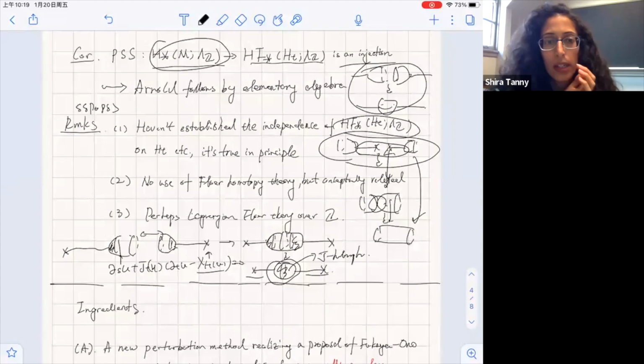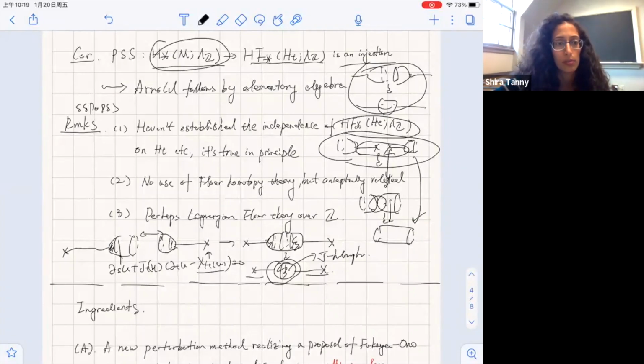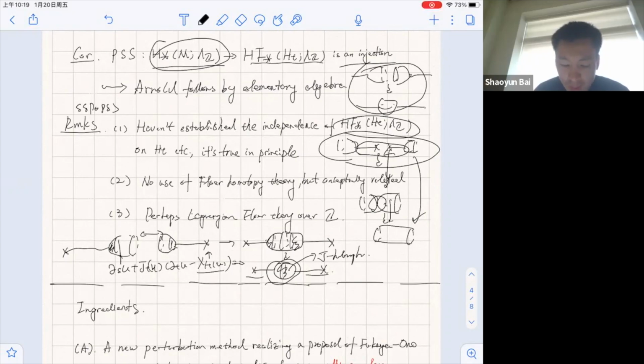Can you explain why you prefer to use the PSS framework versus continuation solutions? Sure. With continuation solutions, we could show that this Floer homology group is independent of the choice of Hamiltonian, but you still need a step to find the preferred Hamiltonian whose Floer homology computes the Morse homology.